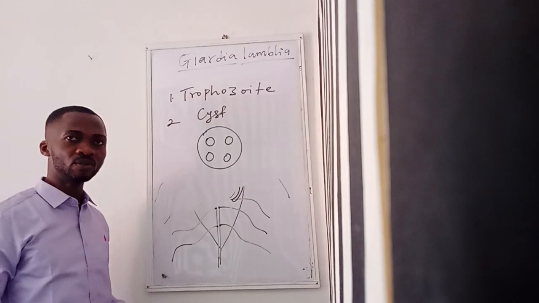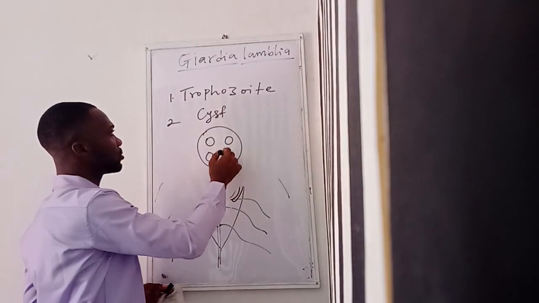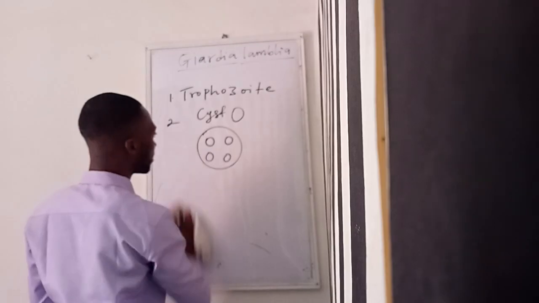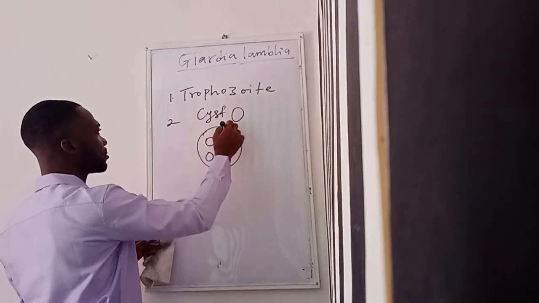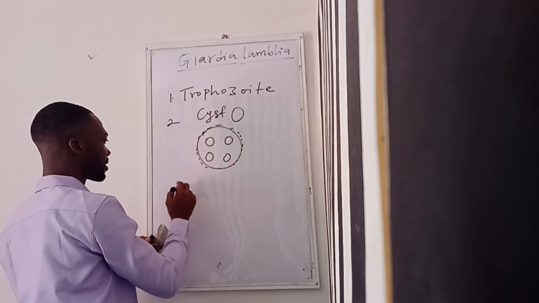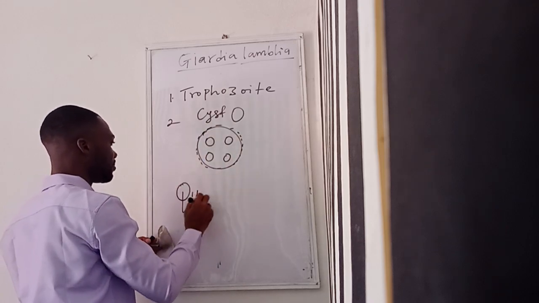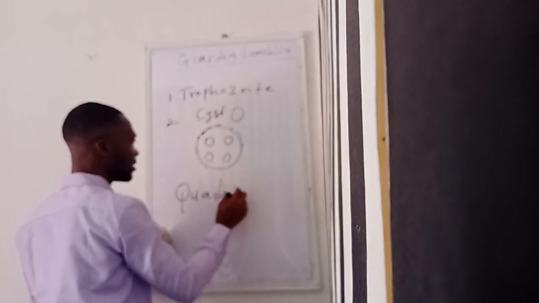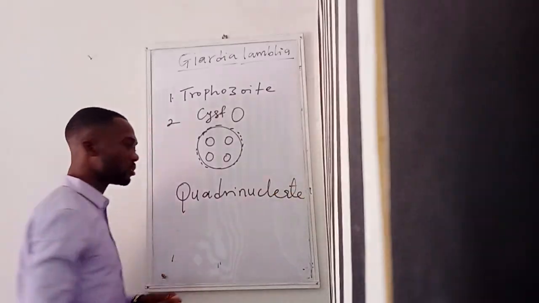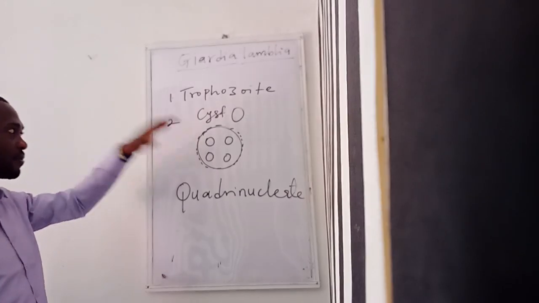Now for the cyst, you discover that the cyst is said to be quadrinucleate. This is how the cyst looks, just a sketch. The basic characteristic of the cyst is the fact that it is quadrinucleate. What does it mean to be quadrinucleate? It means that they have four different nuclei.